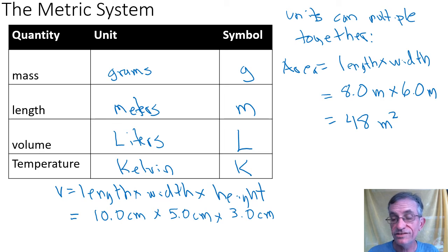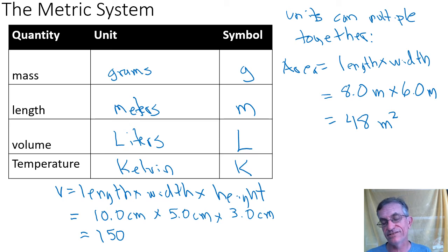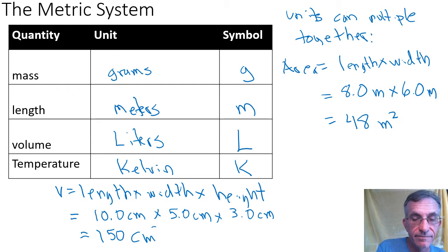If you multiply all those together, we get the number part of the answer, and 10 times 5 times 3 is 150. But I also want to know the unit part of the answer. So just like a minute ago, we can multiply the units. A centimeter times a centimeter times a centimeter is a cubic centimeter. So it would be 150 cubic centimeters.